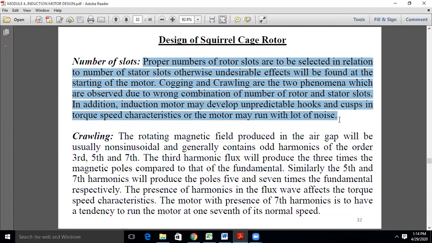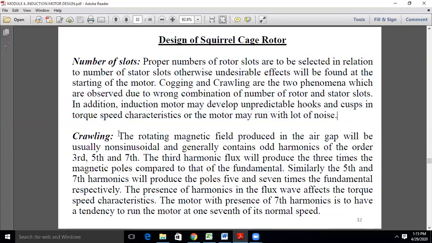Cogging and crawling are the two phenomena observed due to a wrong combination of number of rotor and stator slots. In addition, the induction motor may develop unpredictable hooks and curves in the torque speed characteristics, or the motor may run with a lot of noise.